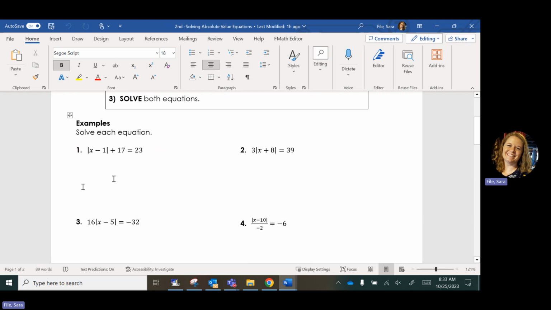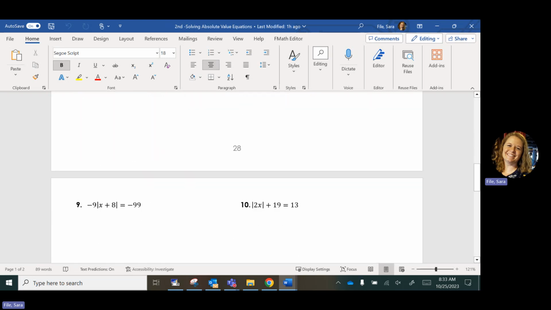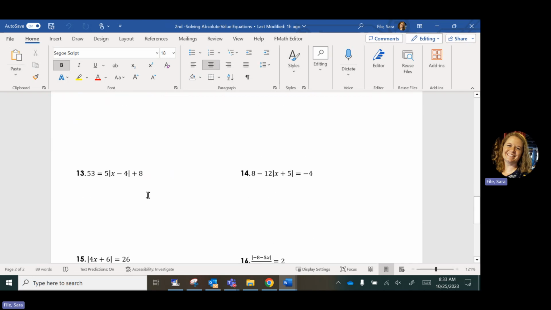Okay. Now, if there is no solution, which I'll tell you there's at least one on here that's no solution, instead of typing, it's going to say X equals blank. And if there's only one blank, that's either indicating to you that there's only one answer or there's no answers. And if it's no solution, you'll type in the words no solution.